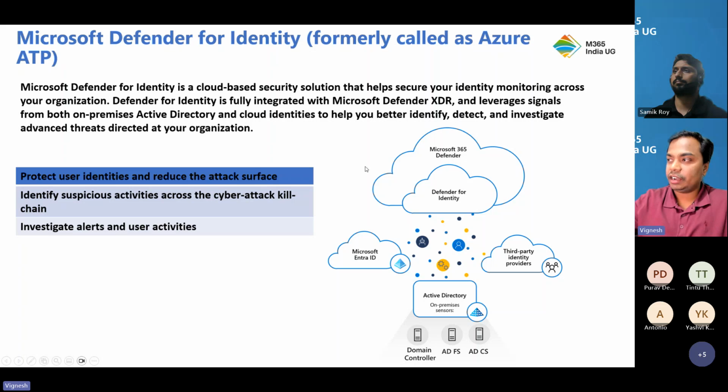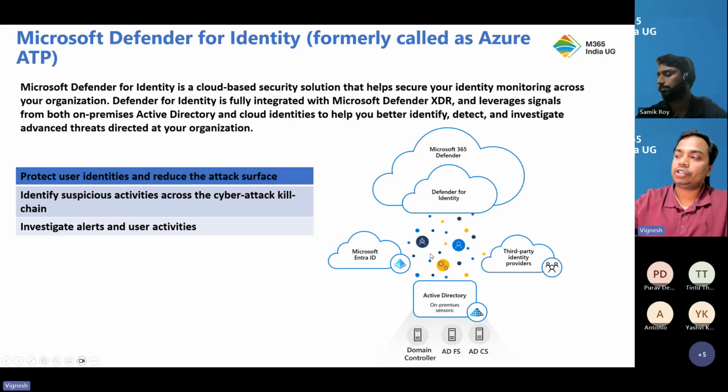If you look at this architecture diagram here, right? You see the domain controller, you see the Active Directory Federation Services, you see the Active Directory Certification Services, right? So when we are doing the deep dive session on Defender for Identity, you would see us installing sensors in this. With the sensors, it can capture any activities, any kind of logs, everything which is happening here, and everything gets pushed to the Defender for Identity, which is part of the Microsoft 365 Defender.